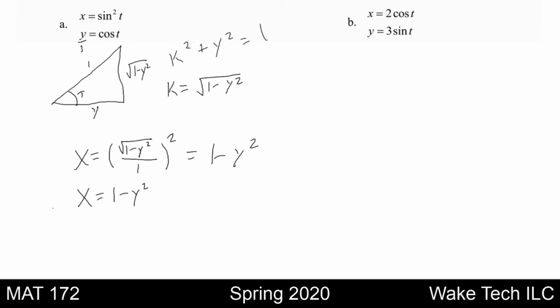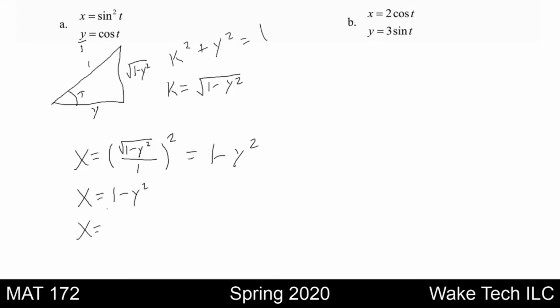Knowing this, let's put this into standard form. That way we can identify some characteristics. So 1 minus y squared can actually be factored. We can factor this as 1 minus y times 1 plus y, but that's not too helpful to us because y needs to be squared.